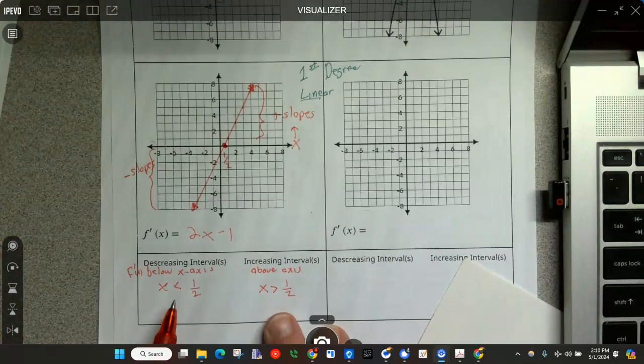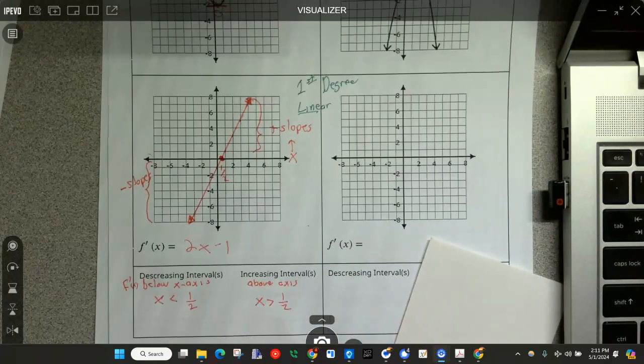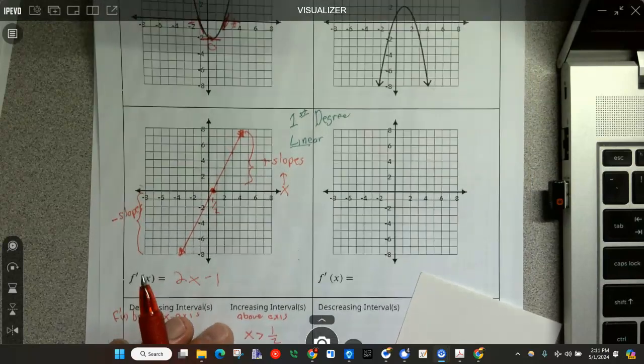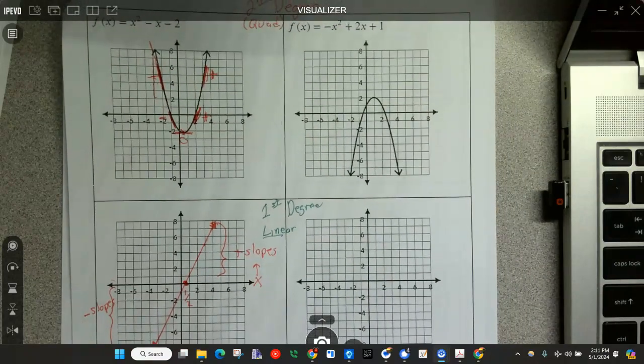And you don't want to use equal to's here, because at 1/2, it's actually 0. And if it's at 0, it's neither increasing nor decreasing. It's at a critical point, critical juncture there. All right, try that out on the right-hand side. Start with 0. Where is the slope 0, and go from there.